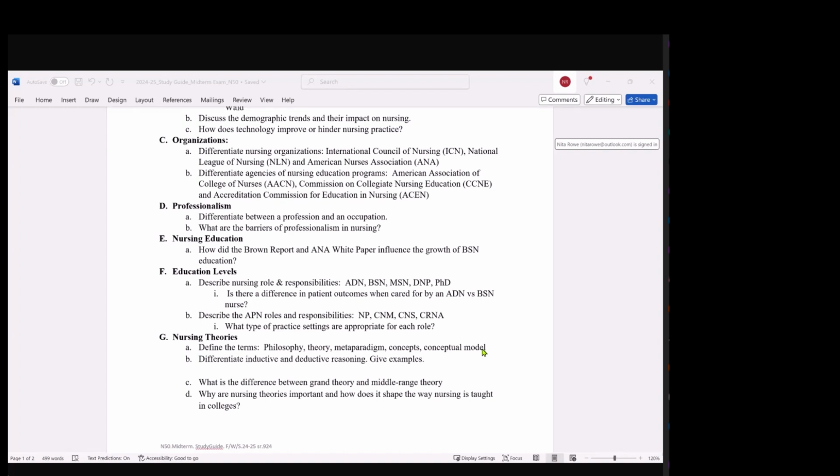So great. What is the difference between a DNP and a PhD? Who has the more clinical focus, the DNP or the PhD? Yeah, the DNP, because remember what I said, if you look at that pyramid that I showed you guys, the PhD is at the top.